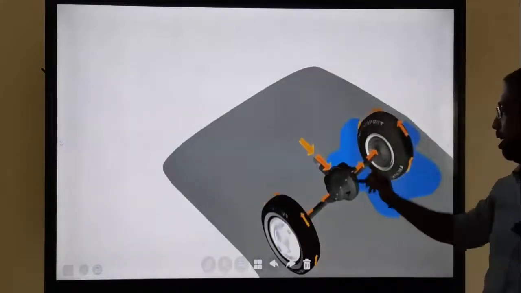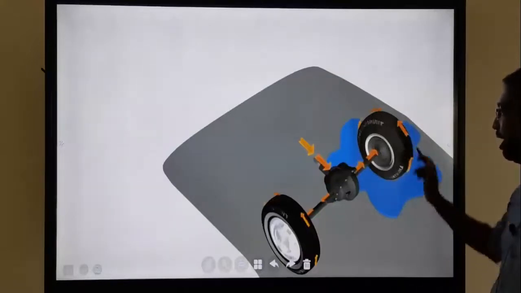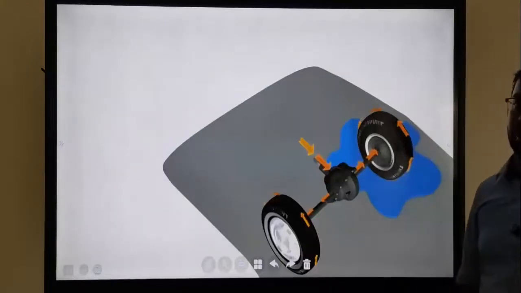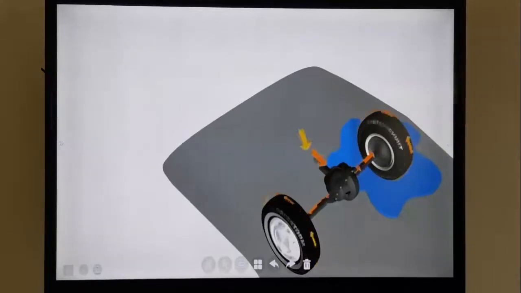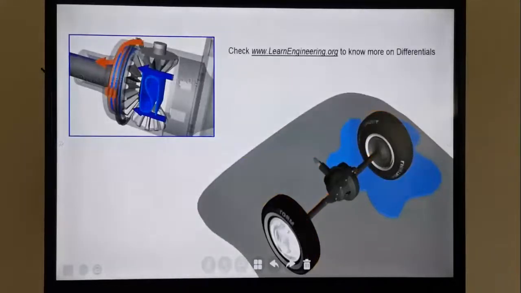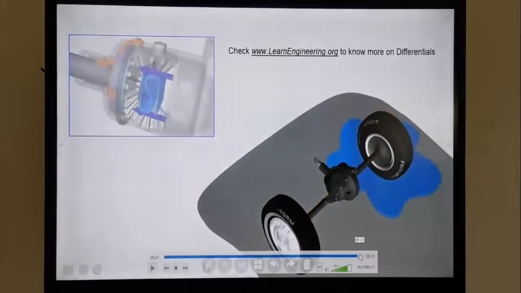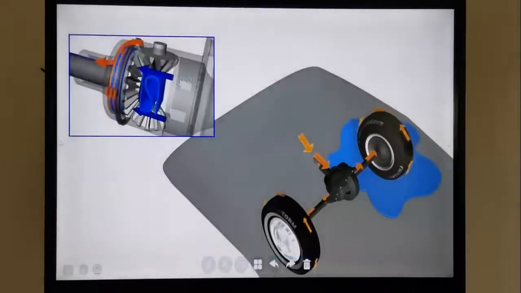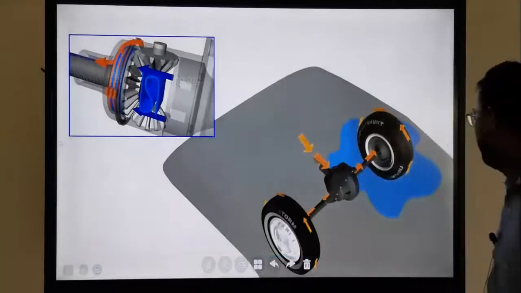Most of the power is transmitted to this right wheel, so the right wheel is going to rotate at high speed. So to avoid this situation, there is another development of this differential. We call that the limited slip differential.